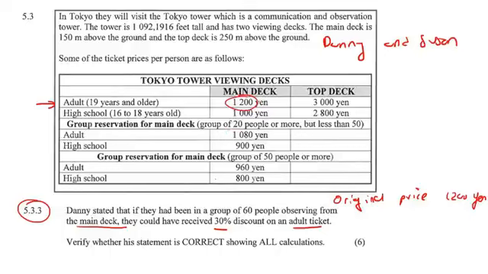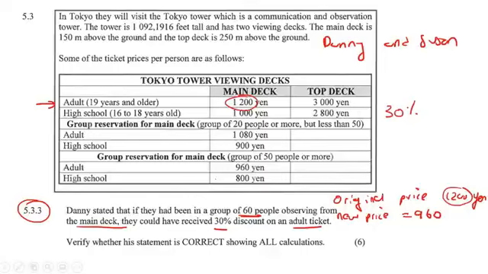But here we go. If you are a group of 50 or more, so that's where you would get if you were 60 people, right? Then the adults would only pay 960. So the new price is 960. So what I want us to quickly do is, let's say that the original price was 1,200, and let's see what 30% of 1,200 would be.